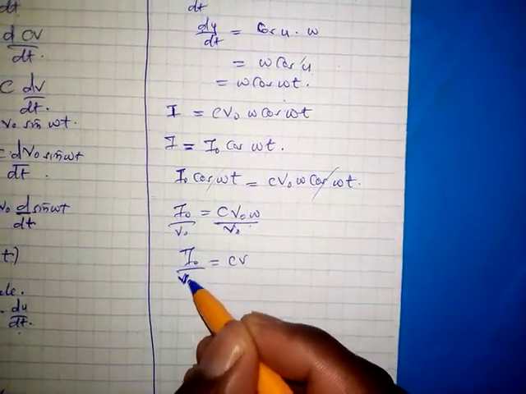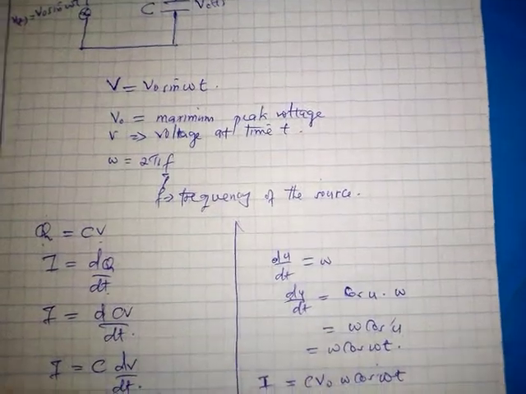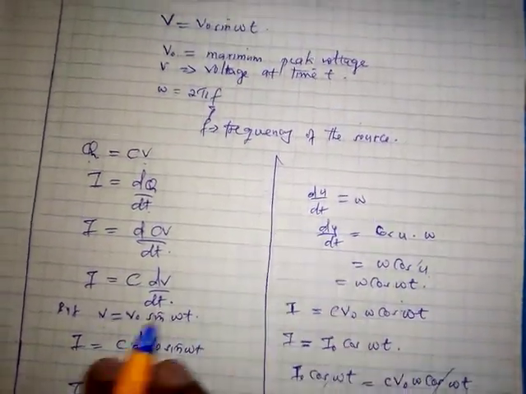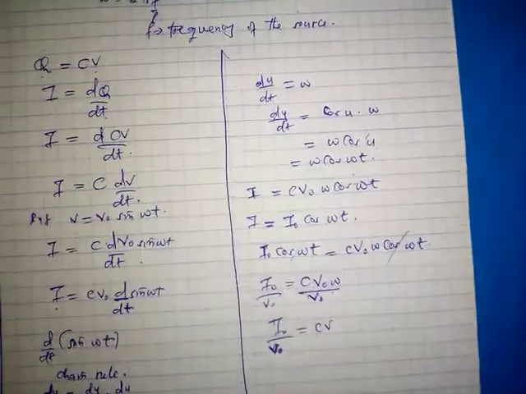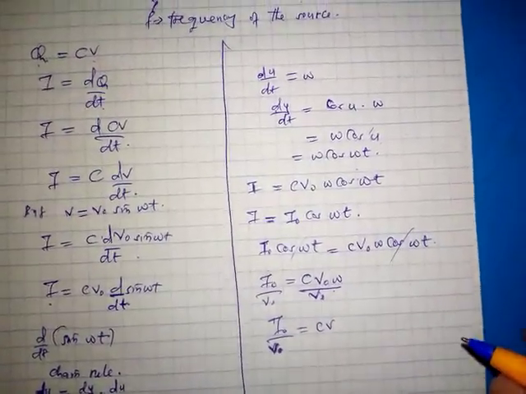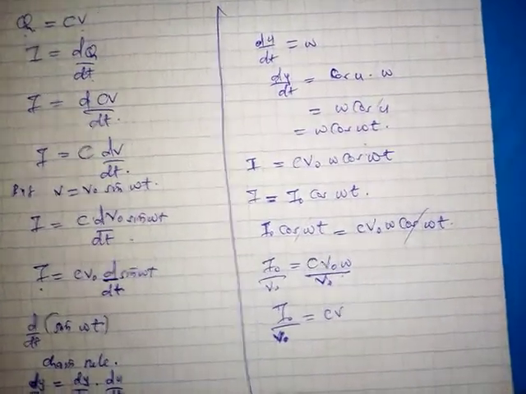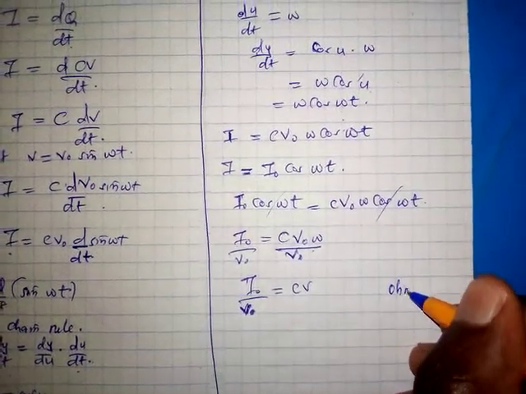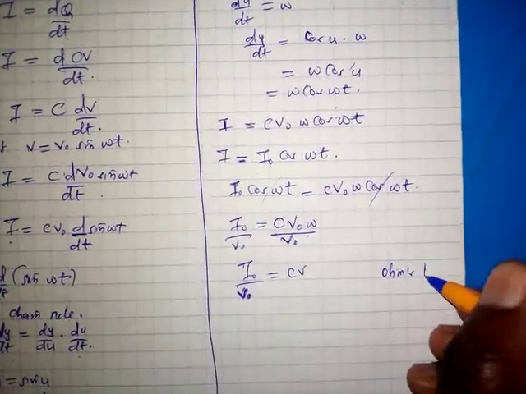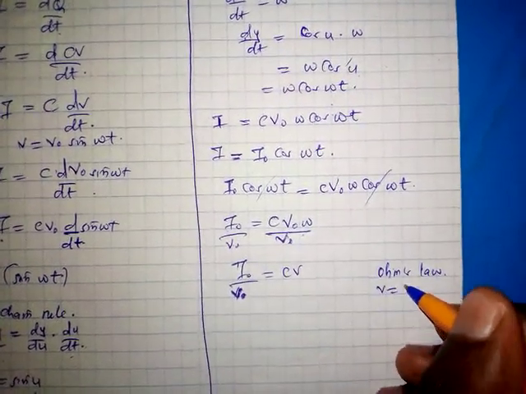But remember, we have said that reactance is the resistance offered to the AC by inductors and capacitors only. Here also we remember Ohm's law, which states that V is equal to IR.